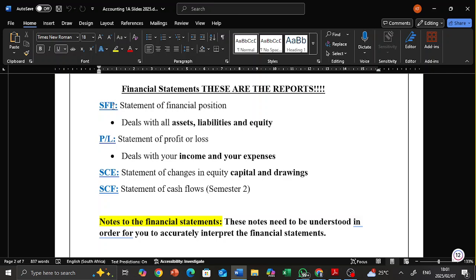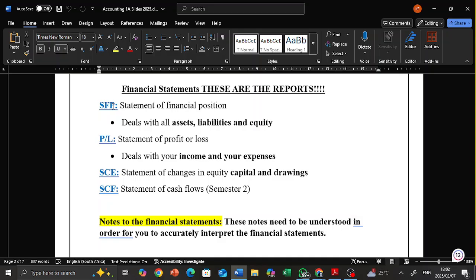All right? And then you need to understand that when there is a transaction or event, there are always two accounts that are going to be affected. Okay?